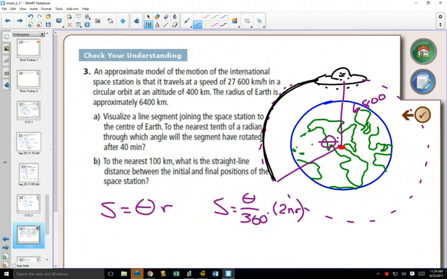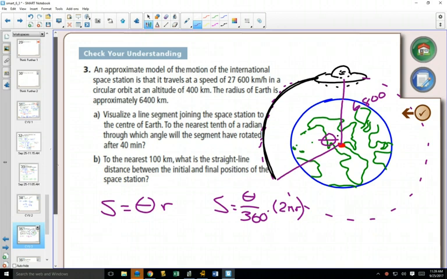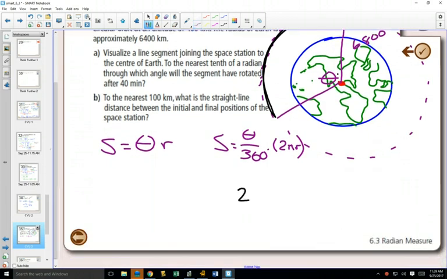We want to find the angle, so we're trying to find theta. Do we know the radius? Yes, it's 6,800. Do we know the arc length? Kind of, not exactly, but we can figure it out. If we know how fast it's traveling, how far has it gone in 40 minutes? 27,600, because that's how much it would travel in 1 hour.